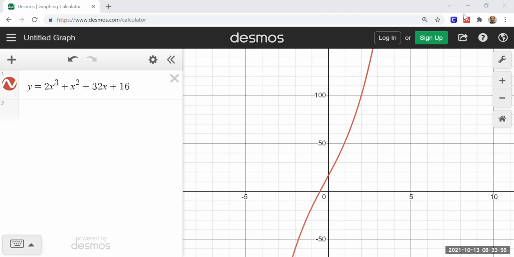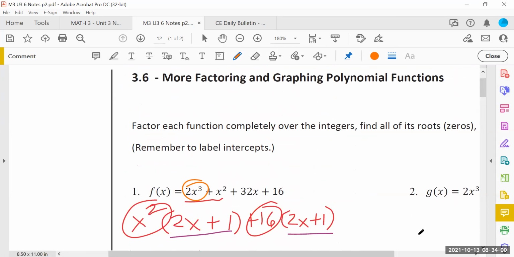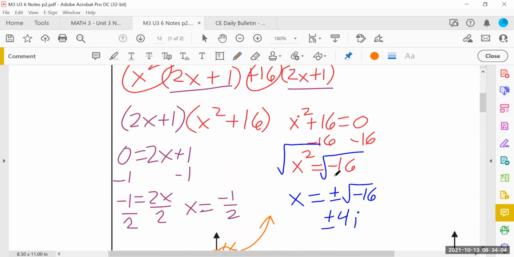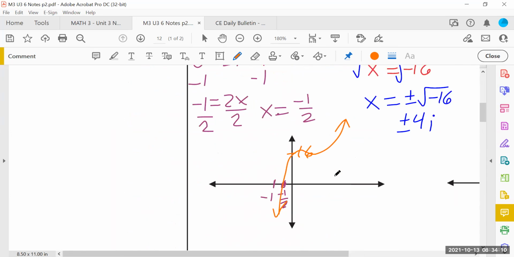So now they're going to ask us, actually they didn't. They just said find all of its roots, zeros. So somewhere we need to label our roots or zeros. I'm going to write it off to the side here. Roots or zeros.